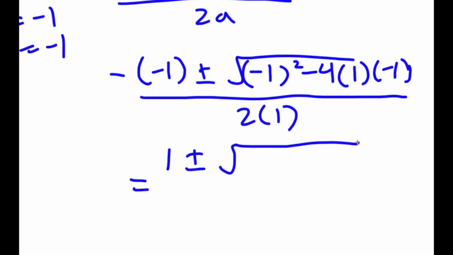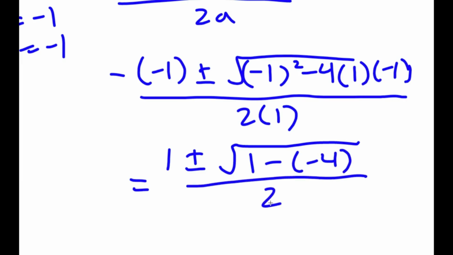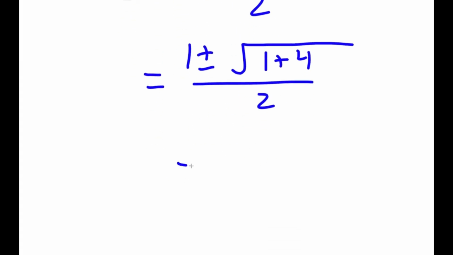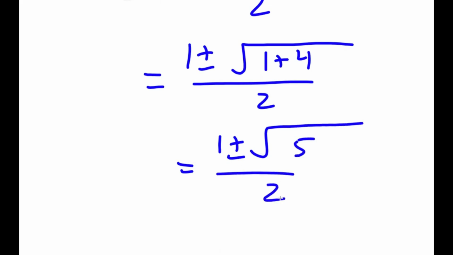So I have positive 1 plus or minus the square root of negative 1 squared is 1, minus 4 times 1 times negative 1 is plus 4, divided by 2 times 1 is 2. This is equal to 1 plus or minus the square root of 1 plus 4 over 2, which is 1 plus or minus the square root of 5 over 2. So u is equal to 1 plus or minus the square root of 5 over 2.